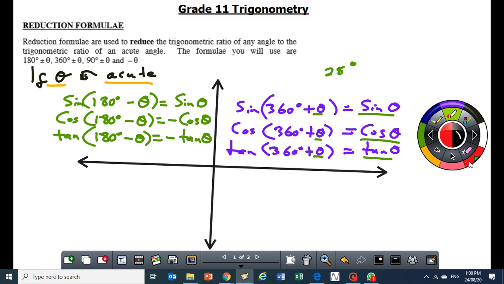Alright, we are now in the third quadrant. Please don't forget your CAST diagram. It's very important. You were taught last year, and I refreshed you last week. Now in the third quadrant, we are going to have sine of 180 degrees plus theta, and because sine is negative in the third quadrant, this is equivalent to minus sine theta.